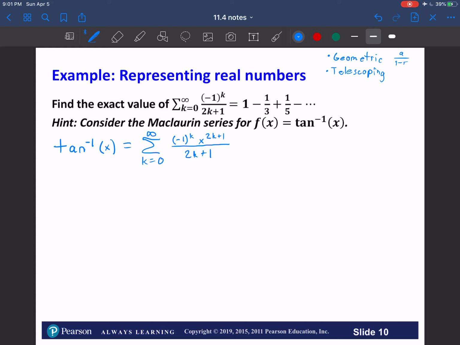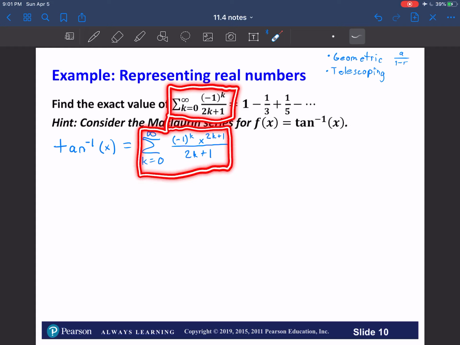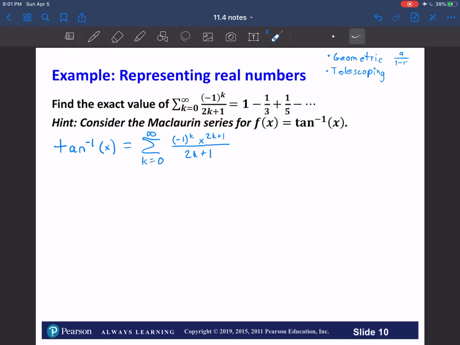So I want you guys to notice the similarities between this series and this series. The only difference here is that this inverse tangent of x series includes this x to the 2k plus 1 term, whereas this one does not.